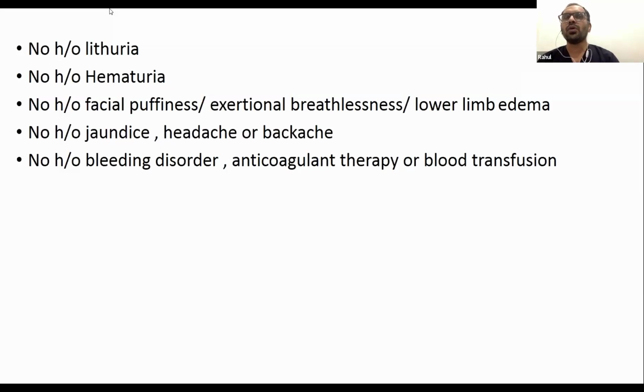I would like to know the duration, onset, progression, severity, associated symptoms, relieving and aggravating factors, and which side has more severity.